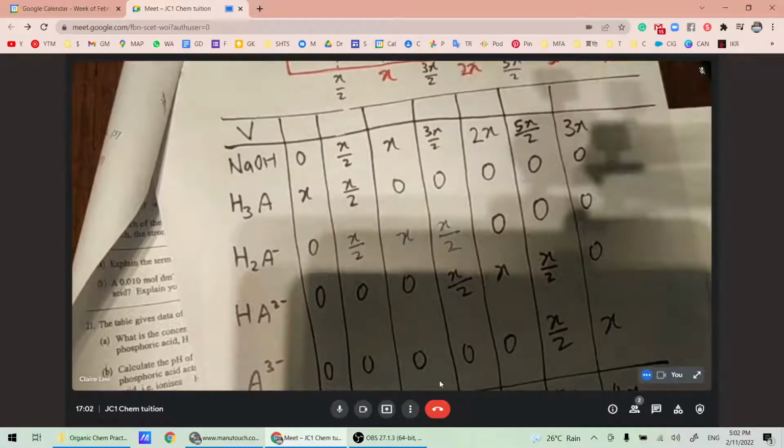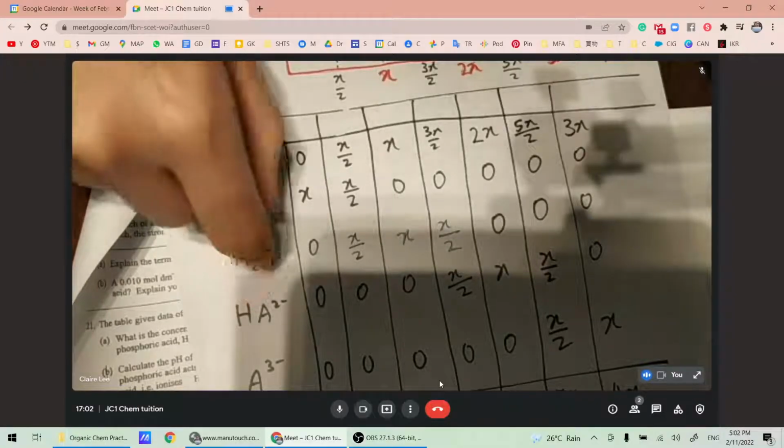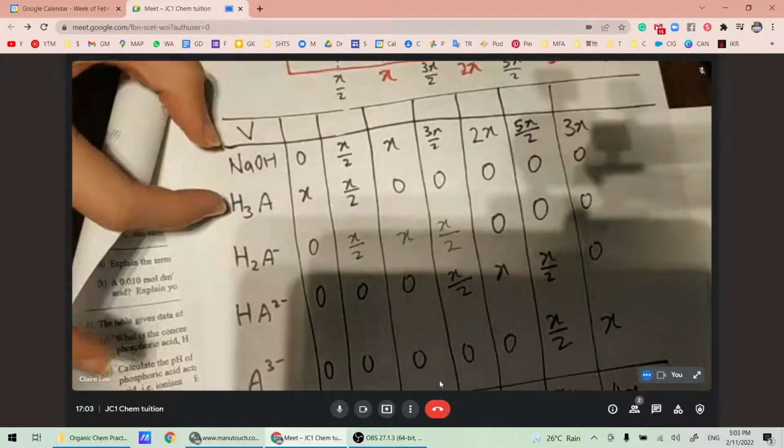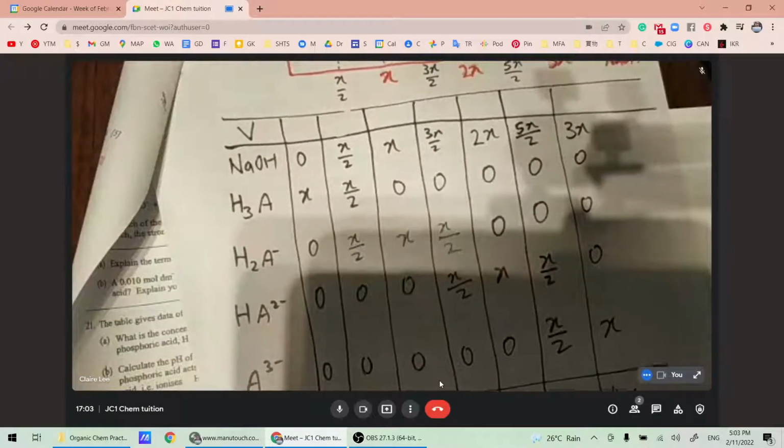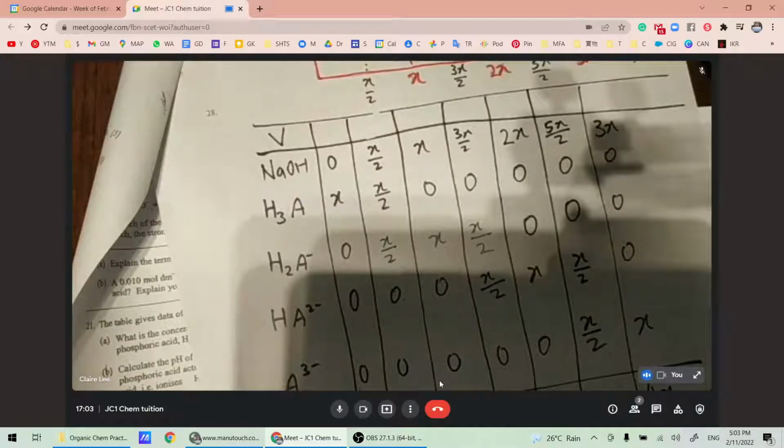It's actually an indication of how the volume works with polybasic acids or polyacidic bases. For example, if I have H3A, an acid that is tribasic, assuming same volume, for whatever X volume of H3A I have, upon adding half the amount of base, I actually produce a buffer.